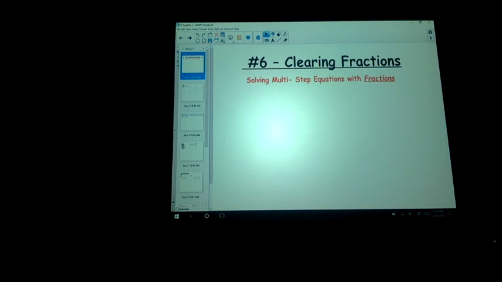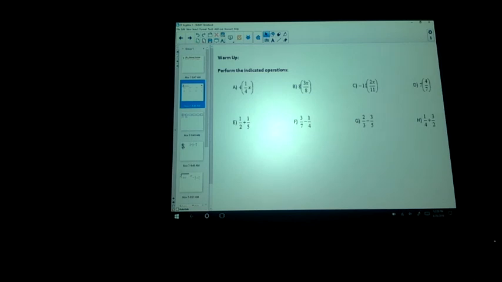Solving multi-step equations with fractions. The skill I'm going to show you right now is a great skill that can be used anytime you have fractions, because we all know that fractions are our best friend. So if we can get rid of fractions, that's better, right? Let's take a look at this first little operation up here. If I do 4 times 1/4 x, what might happen there?